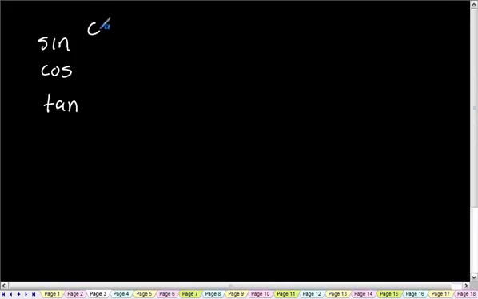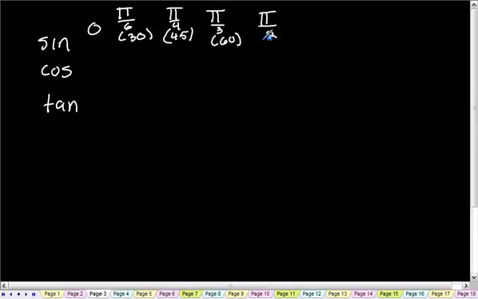We're talking about 0, pi over 6, which is 30 degrees, pi over 4, which is 45 degrees, pi over 3, which is 60 degrees, and pi over 2, which is 90 degrees. Let me switch this around just a little bit and fill in the values.